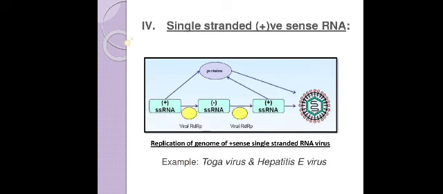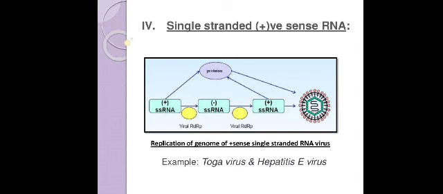Then the fourth type is single stranded positive sense RNA. Single stranded positive sense RNA works as mRNA, and it directly forms a protein. Then the viral RDRP enzyme is used to convert the single stranded RNA to negative strand single stranded RNA. Then the negative single stranded RNA will convert into positive single stranded RNA with the help of viral RDRP.